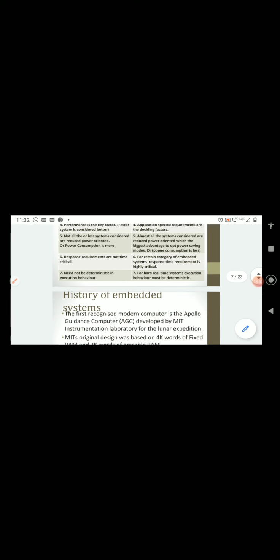Okay. Now we'll see the history of embedded systems. The first embedded system was developed by the MIT Instrumentation Laboratory for the Lunar Expedition project.